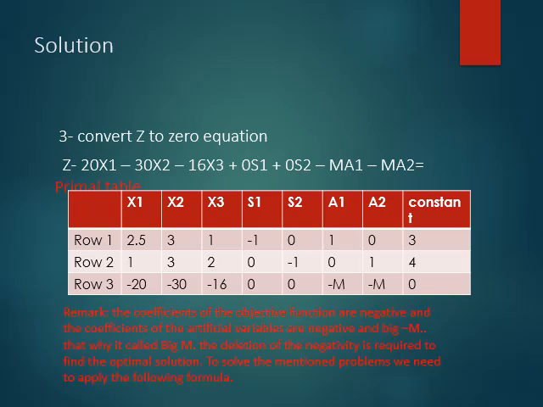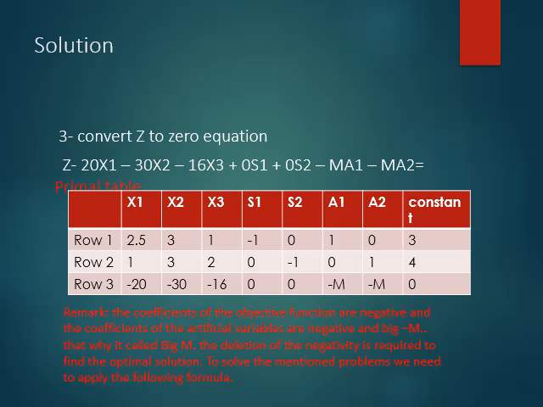Constraint 1 has no s2 and no a2, that's why it's 0 0. 1 is the coefficient of a1 in constraint 1.